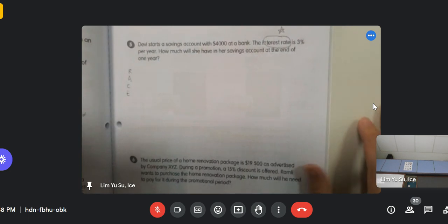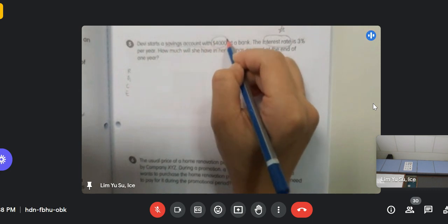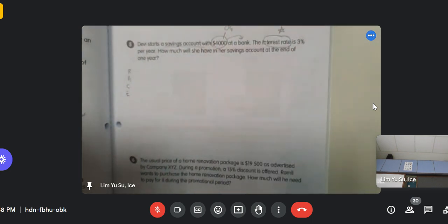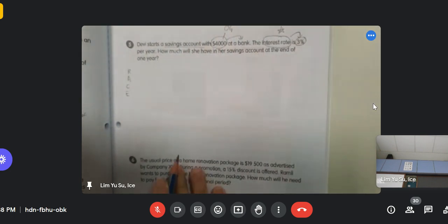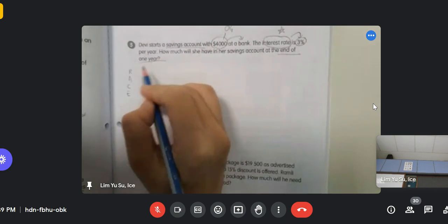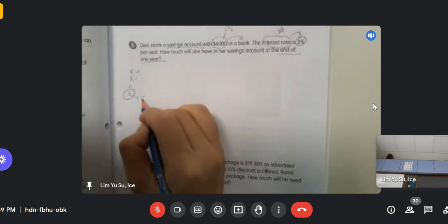Dennis starts a savings account with this amount of money at the bank. So this shows you that's the original amount. The interest rate is 3%. How much will he have at the end of 1 year?